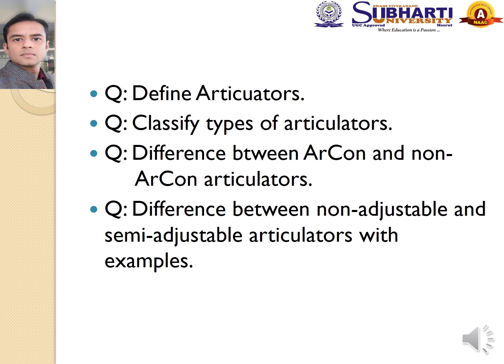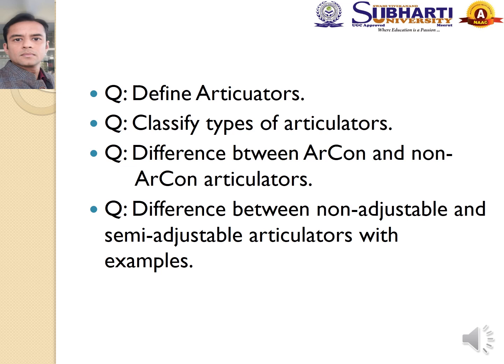Let me just revise. Arcon means articulating condyle, non-arcon means non-articulating condyle. In arcon, the condylar guidance is present in the upper member, whereas the condylar elements or condylar balls are present in the lower member.